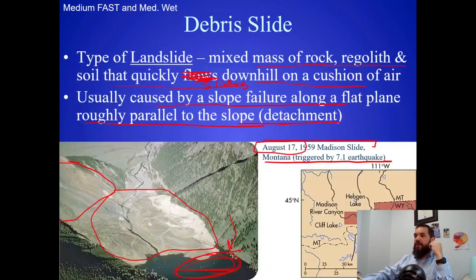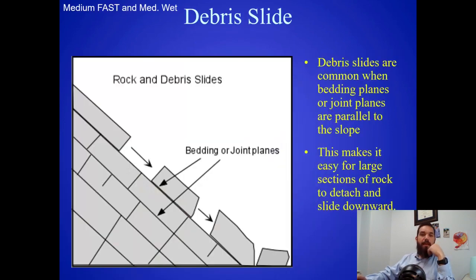So this is what I was talking about, a slope failure along flat planes parallel to the slope. This happens a lot. We talked about sedimentary rocks and how they have bedding planes, right? This can happen where you have sedimentary rocks with bedding planes, and those rocks have been tilted so that the bedding planes are roughly parallel to the slope. You can see here's the angle of the slope going downhill.